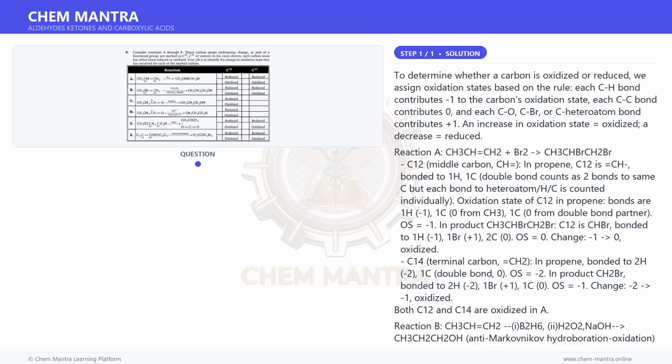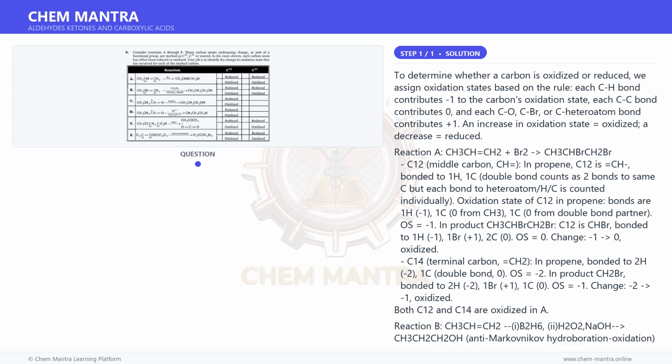C14 is C(OH), the enol carbon bearing OH, bonded to 0H, 1O, +1, and C, 0. OS is equal to +1. In the product C=O, the ketone carbonyl is bonded to 0H, 1 =O, +1, and C, 0. OS is equal to +1. Let me reconsider. Enol C14 has a double bond to C12, a single bond to O, and a single bond to C2H5.